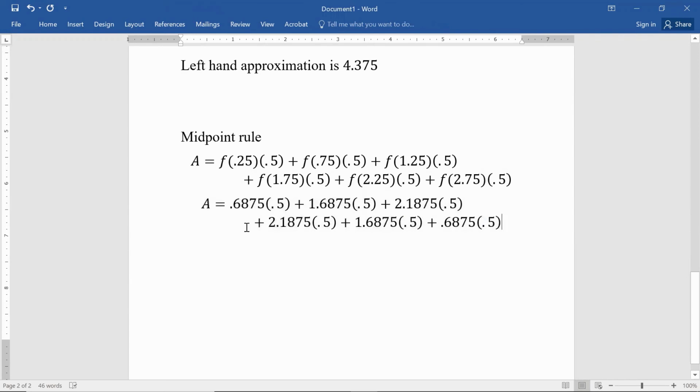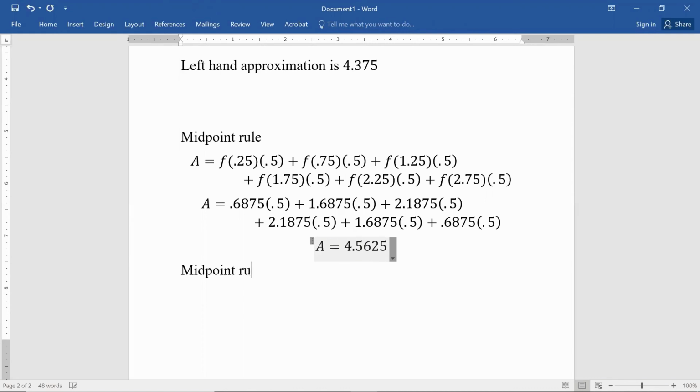Now we want to add all of these rectangles up. That's something you can just plug into your calculator. I'm going to do that on my own, not show the work, and get an answer. What I got for my area was 4.5625 as an approximate area.